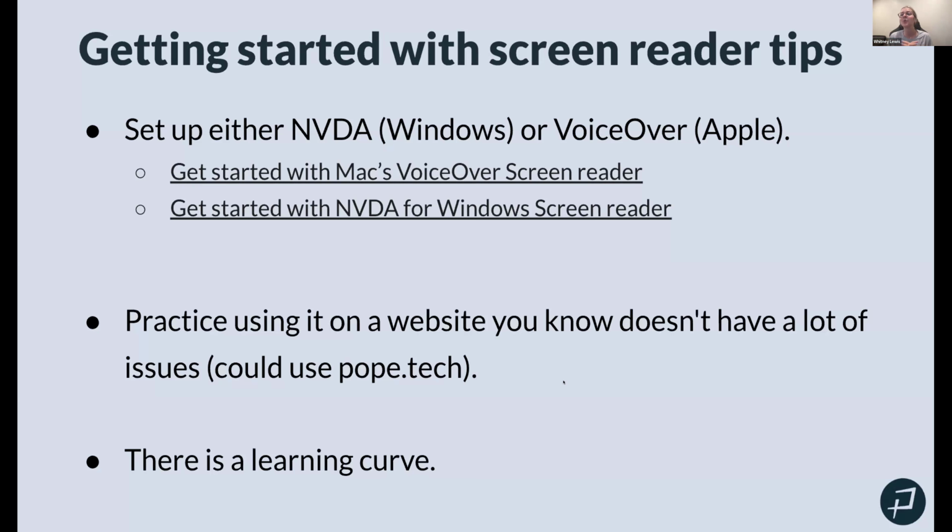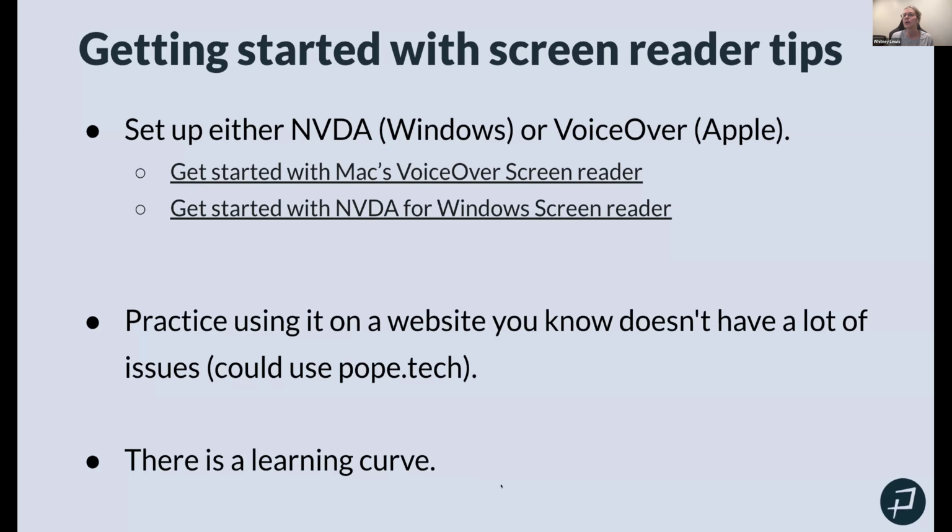The next tip I have is practice using it on a website you know doesn't have a lot of issues. So you could use that on pope.tech. That's just going to help you understand what a normal output is and what navigating a page without issues is like, so that you don't have to decide, is this a screen reader thing or is this a website thing?